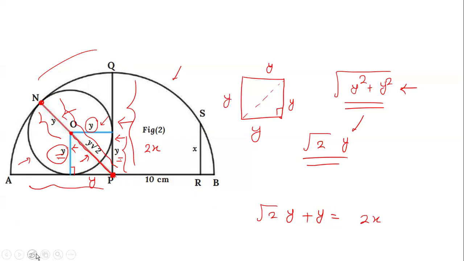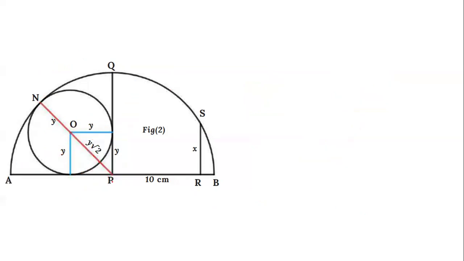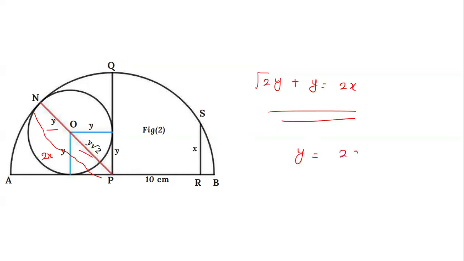So this is one relation we get: root 2 y plus y is equal to 2 times x. Y plus root 2 times y, this whole distance, is 2x. From here we can see that y is equal to 2x divided by root 2 plus 1, and the x value we calculated is 10 by root 3.